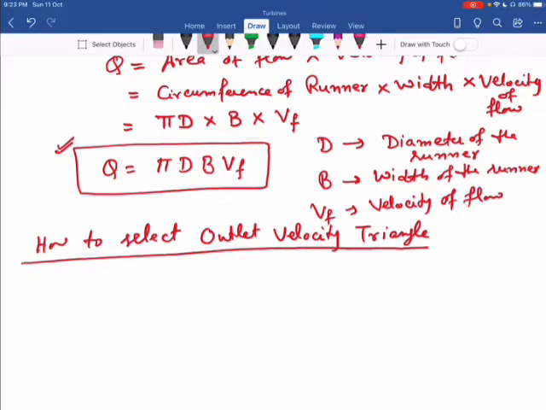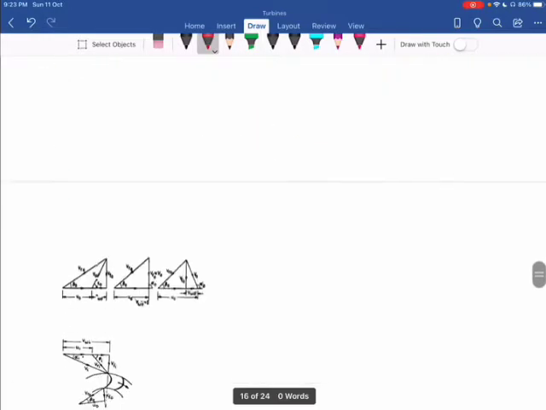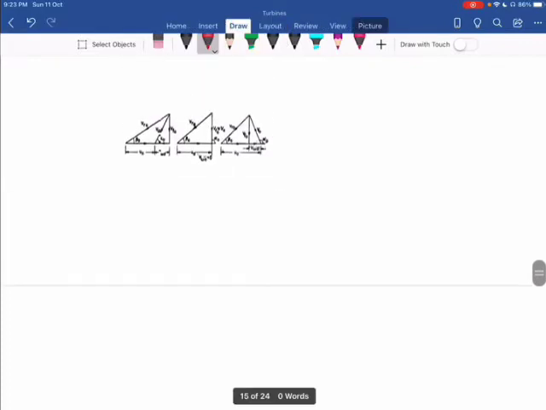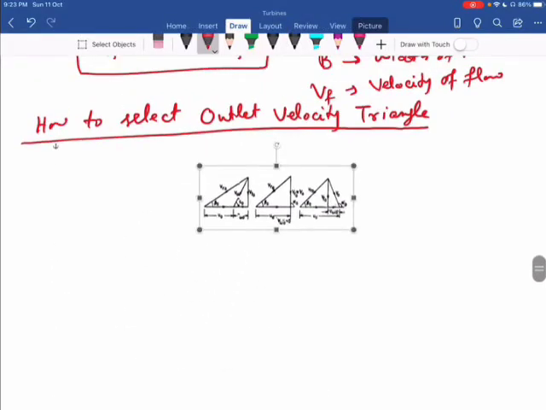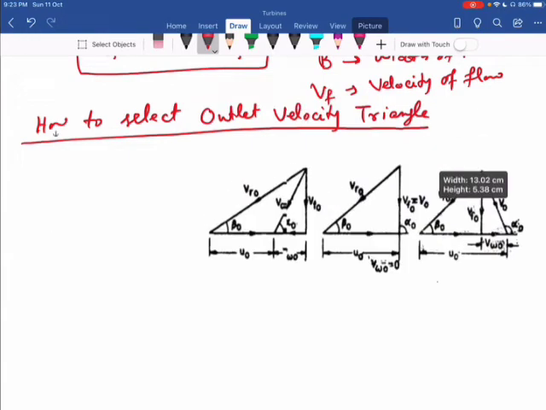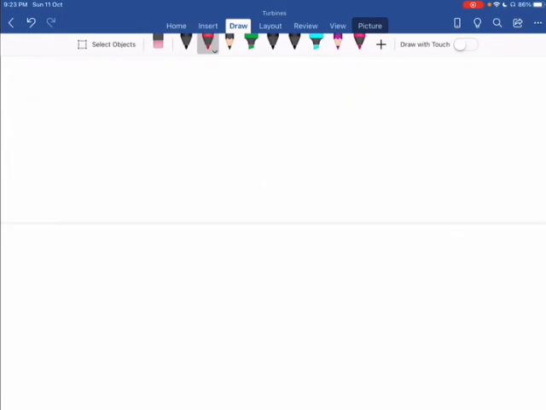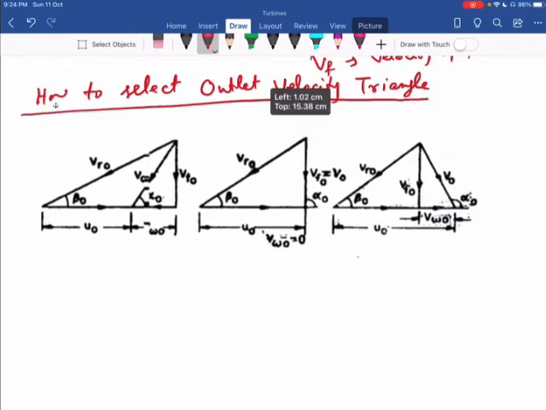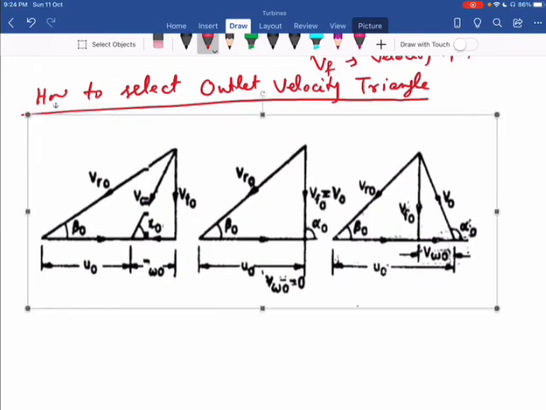As we have all seen earlier, we have three different shapes for outlet velocity triangles depending upon angle alpha O. So if I see this diagram, in this diagram you can see three different shapes of velocity triangle.